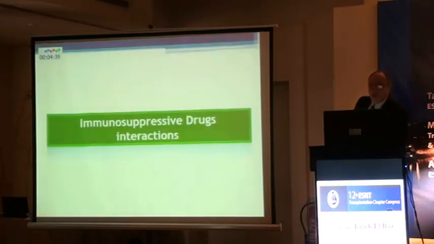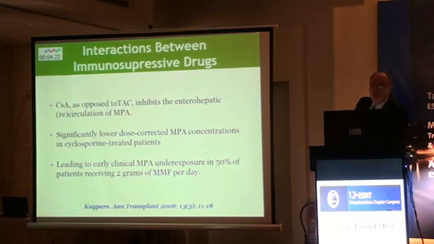Now, just a few words about immunosuppressive drug interactions. I'm sure that all of you are well aware of these interactions, so I'm not going through the details. I thought this would be a very basic point to address. And I just have to enlighten you with a few slides.